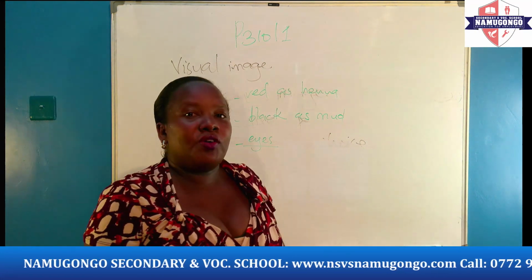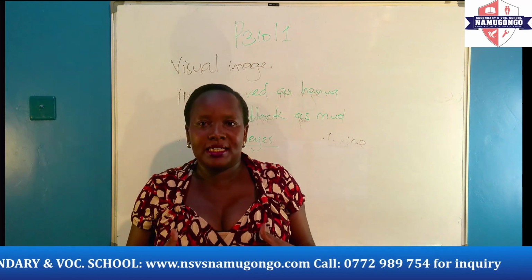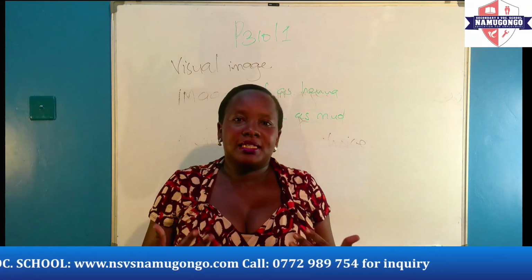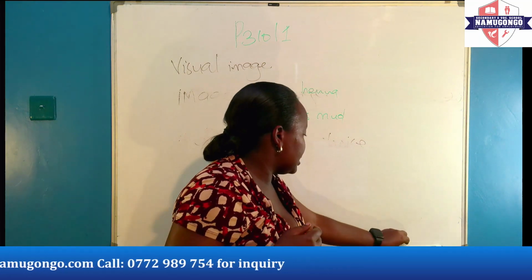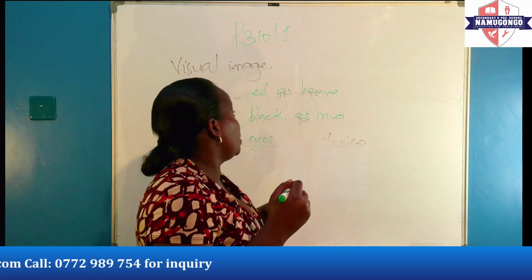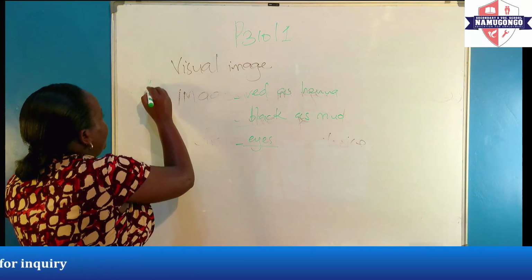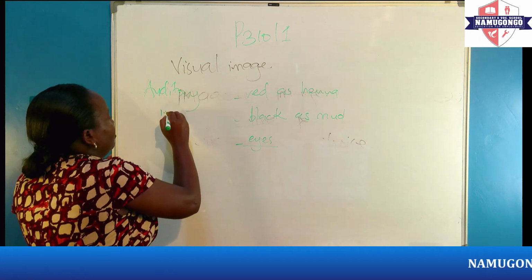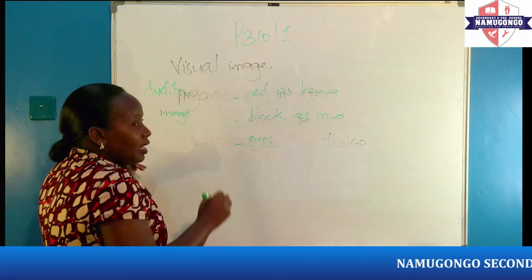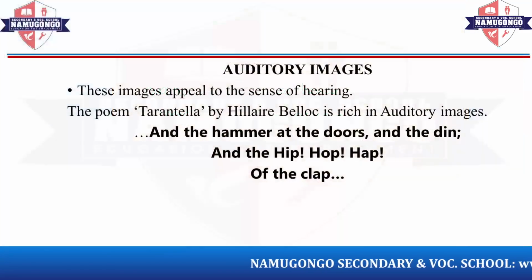Next, remember, I will keep on referring to the 5 senses, and imagery is that aspect that appeals to the senses. The next type of image is what we call an auditory image. An auditory image, as you can already guess, has to do with hearing. Are we together?